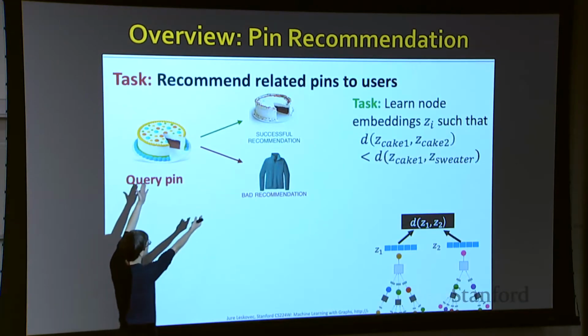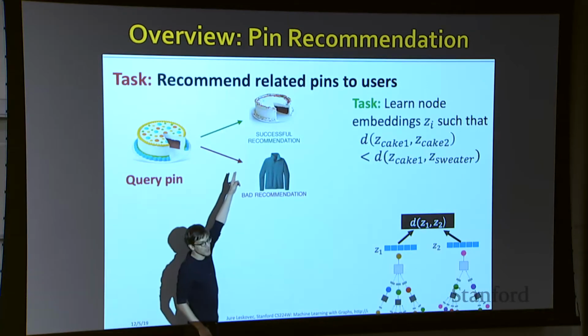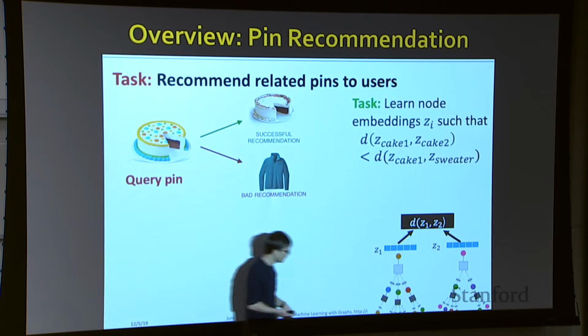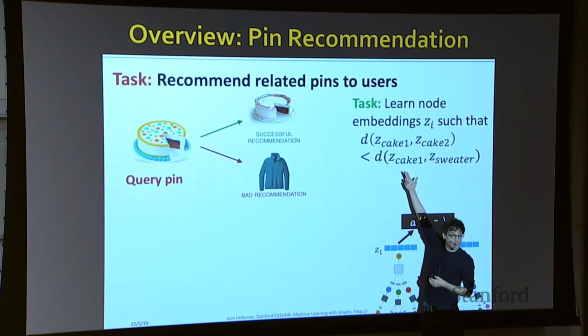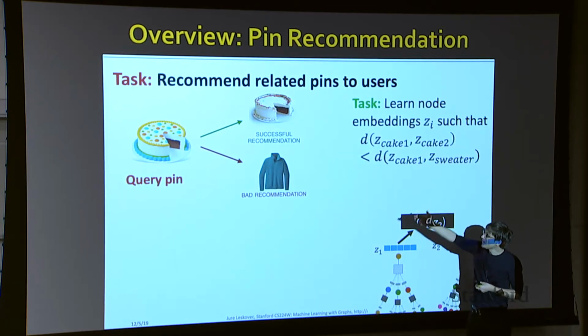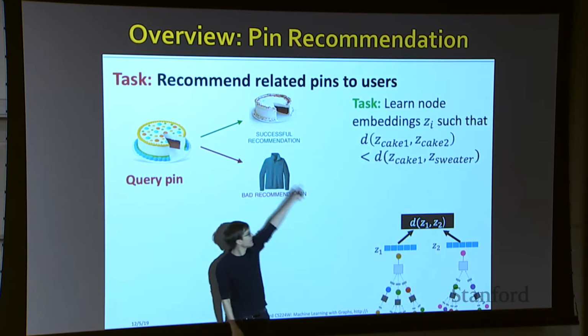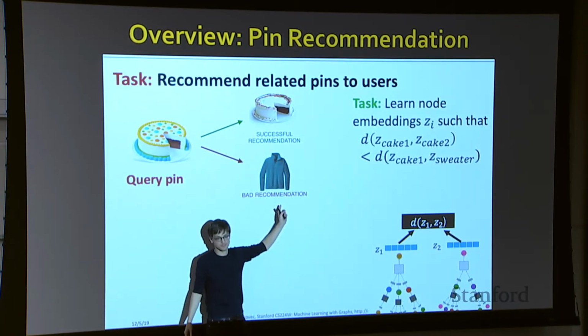We will come up with these types of triples where we'll say, here's the query pin, here is a related pin, and here is an unrelated pin. And our goal will be to identify the embedding, here I call it Z, such that the distance between cake 1 and cake 2, so the query cake and the target cake, is smaller than the distance between the query cake and the sweater. Okay?